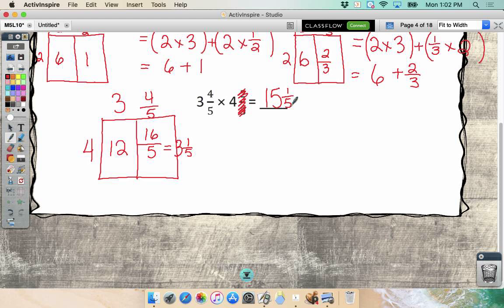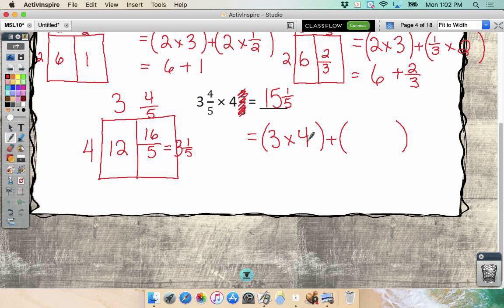Okay. Now let's do that numerically. But I don't want to rush you. Are you ready to go on? Yeah. Okay. So if I solve that numerically, it's going to be 2 multiplication problems that I add together. So the first one is my whole numbers. 3 times what? 4. 3 times 4.